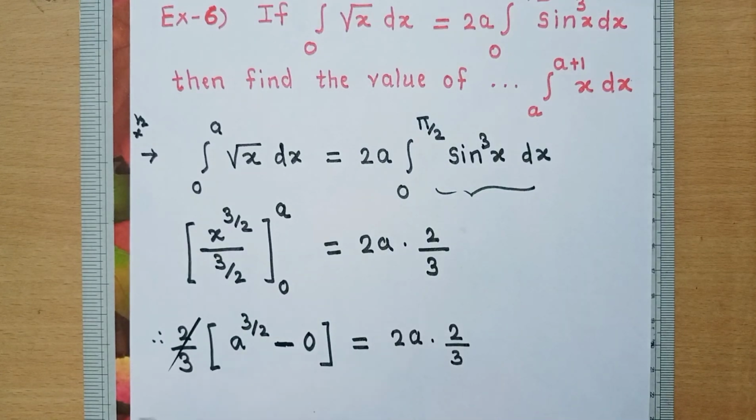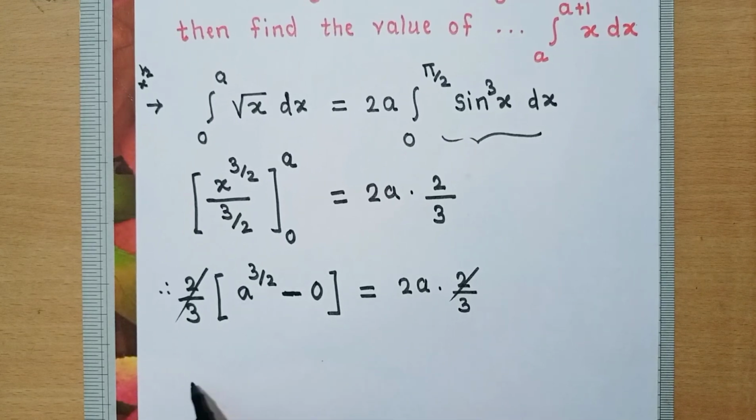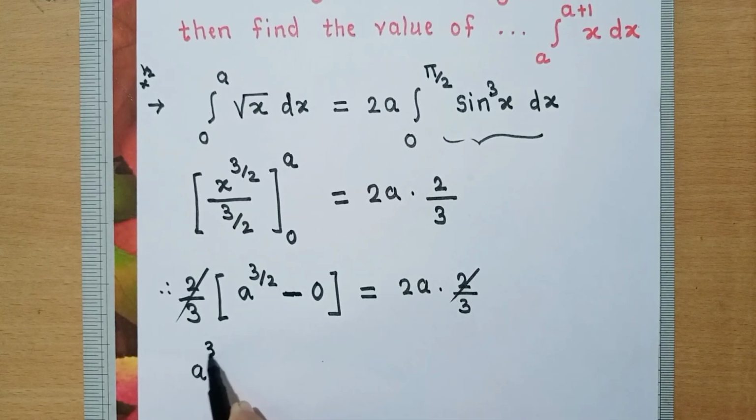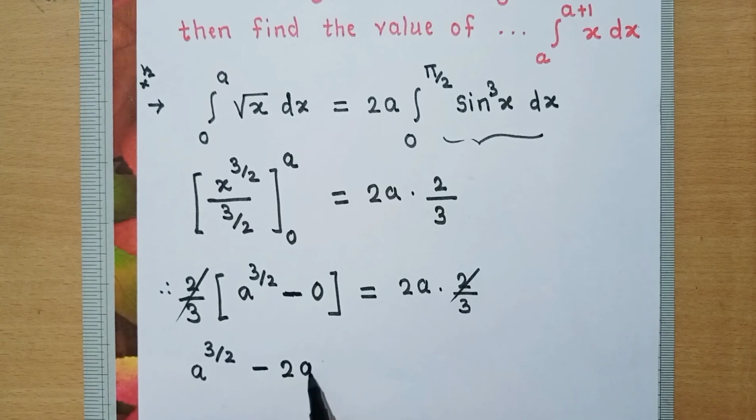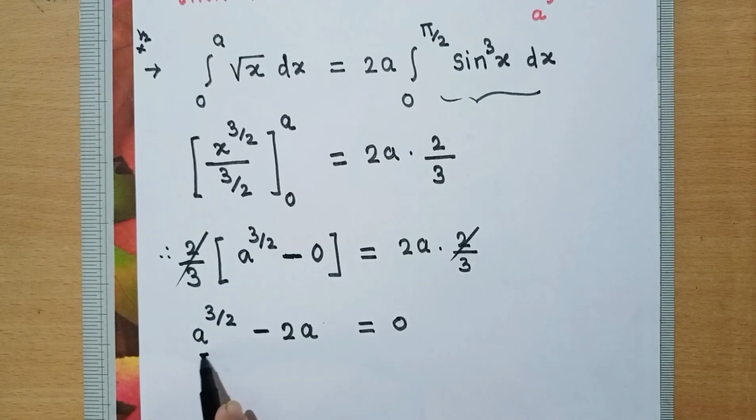Now 2 upon 3 from the left hand side and right hand side get cancelled, and this is simply a raised to 3 by 2, and take this 2a to the left hand side, so minus 2a is equal to 0. Now from these two terms take a common, and therefore a outside.